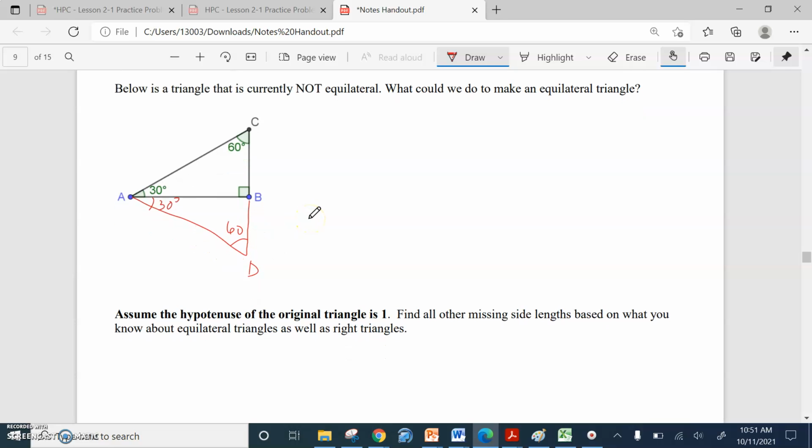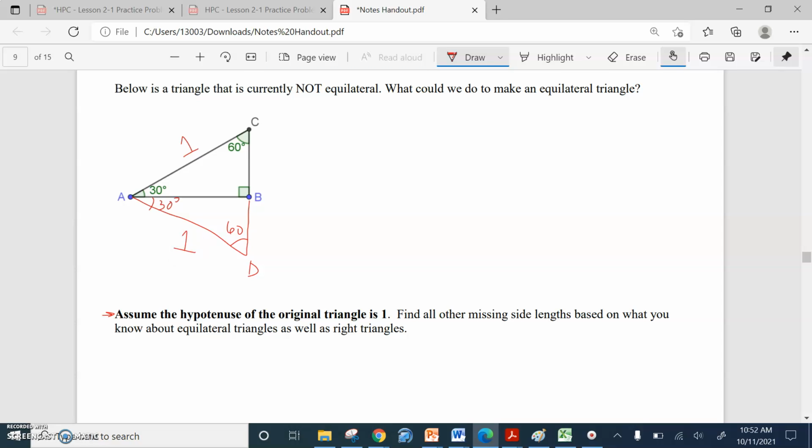Now, the next thing it asks us to do is to assume, I hate to do that, but it does ask us to assume something. And that is simply that this side AC is 1. And then find all the other missing side lengths. Well, that's pretty easy, because when we flip that, then AD is also side length 1.